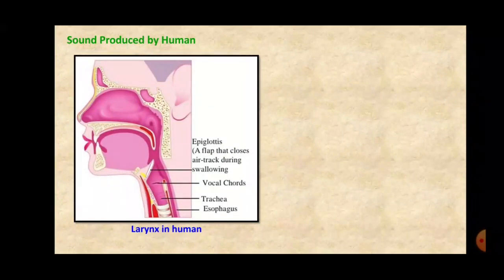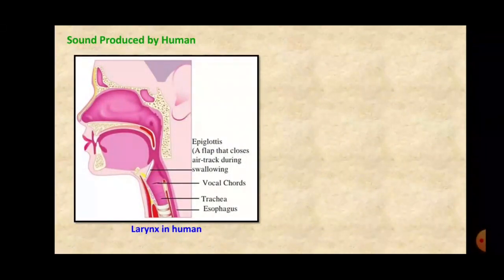Now when the air passes through these slits, the sound is produced because of the vibration of these vocal cords. And the muscles which are attached to the vocal cords become tight or loose, and thus the quality of our voice becomes different.